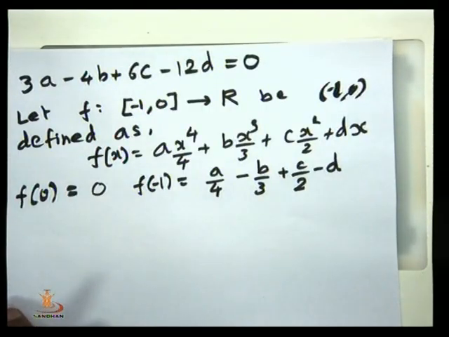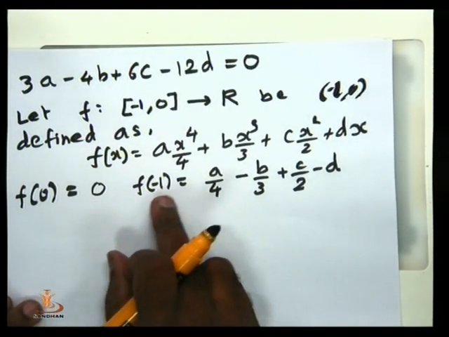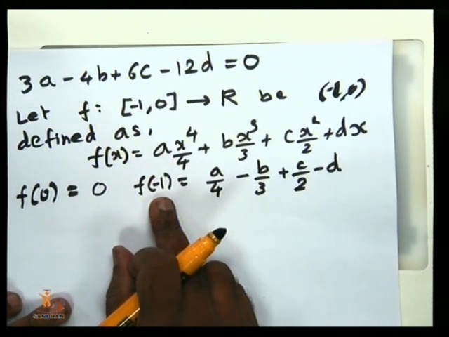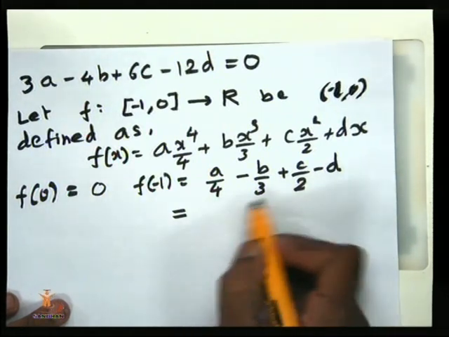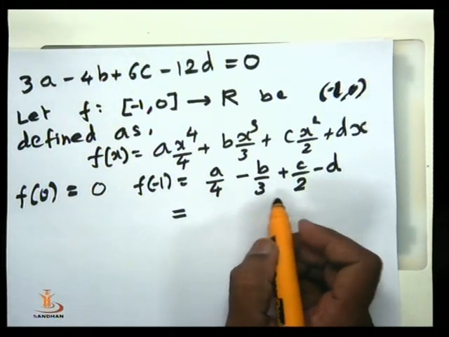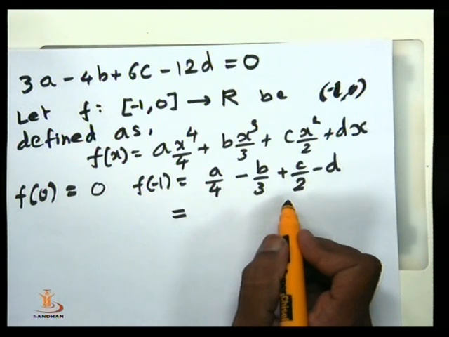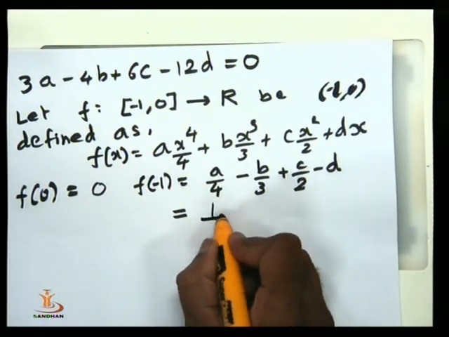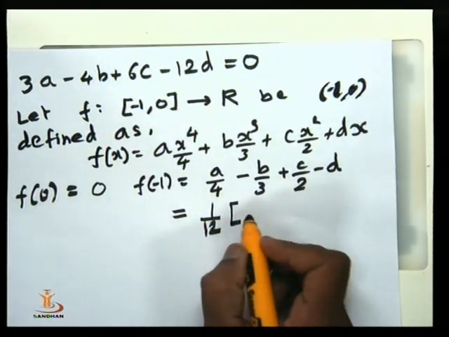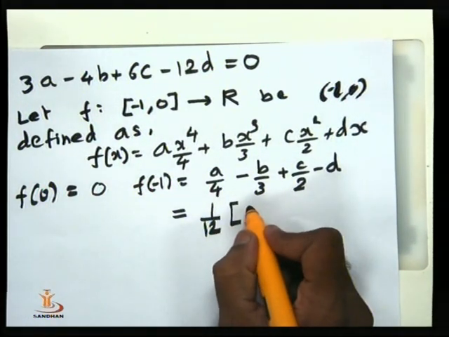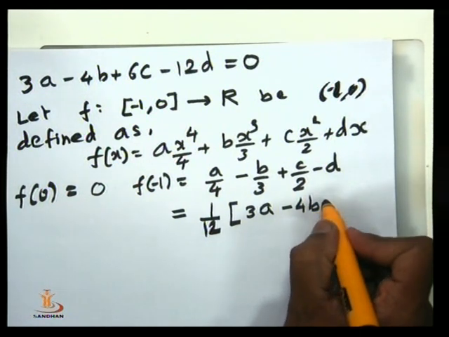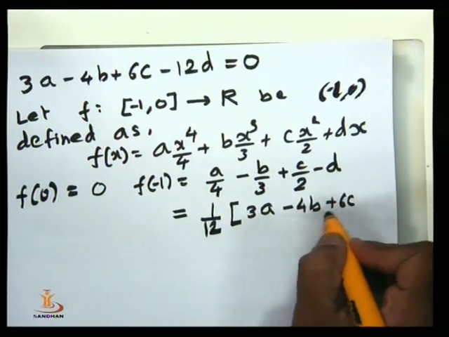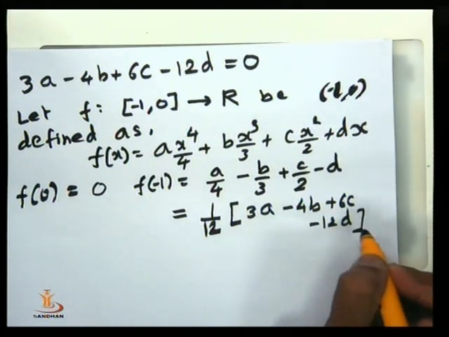I want to prove that f of 0 is equal to f of minus 1. Here f of 0 we are getting 0, but f of minus 1 we are not obviously getting 0. But let us simplify this and you will see something interesting. The LCM of these three numbers, 4, 3 and 2, is 12. So let us take 1 upon 12 common, and then simplifying you will get 3a minus 4b plus 6c minus 12d.